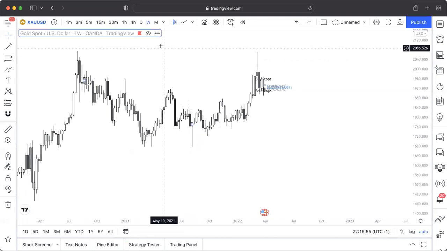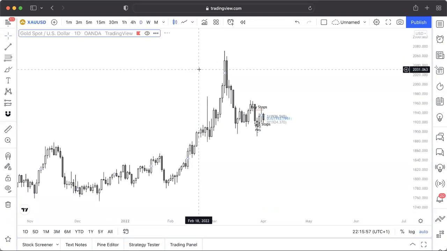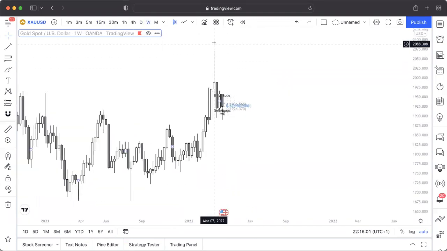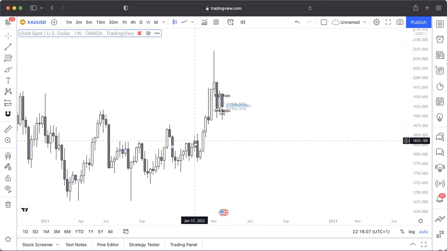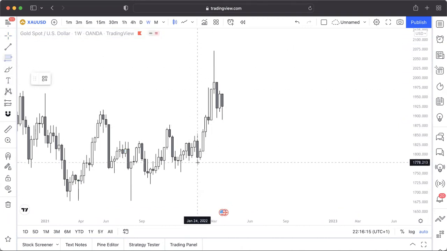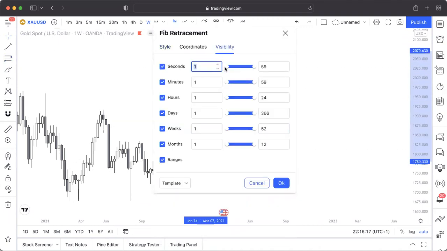So probably if you go to the daily time frame or maybe the weekly. Technically you can use the optimal trade entry on any time frame as long as you have a swing low and a swing high. So if you take a closer look, this is a swing low here, this is a swing high, and you can technically use that one.